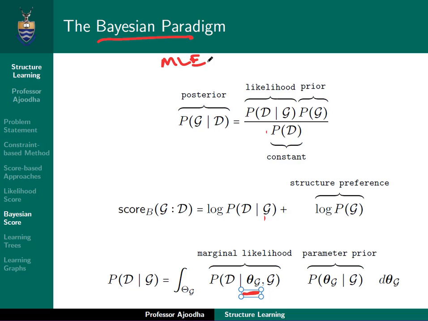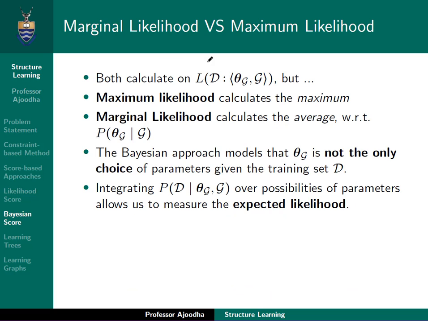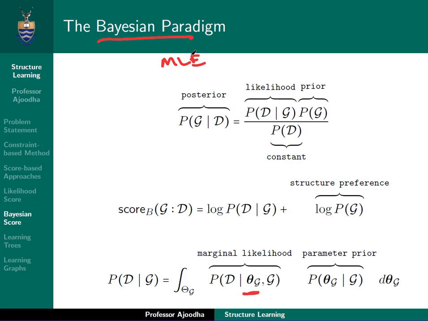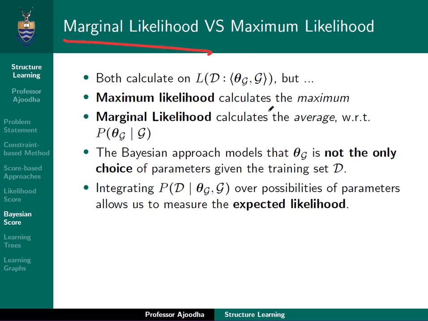We must look at parameter estimation using a Bayesian principle, especially when we're considering different structures. So I'm going to show you the difference between doing this using marginal likelihood, which is what this slide talks about, as opposed to using maximum likelihood, which is what you know so far. You don't know what marginal likelihood is yet, you only know maximum likelihood. So let's compare these two things and see what we get.